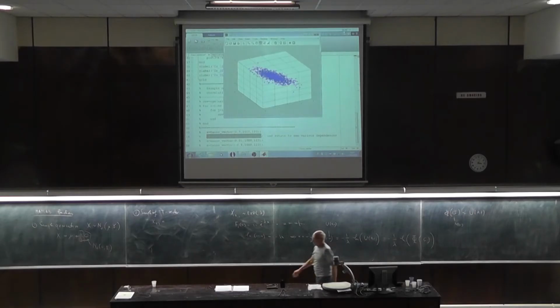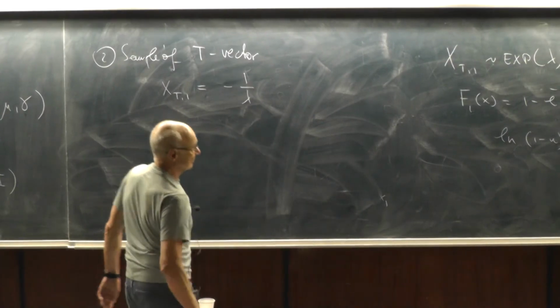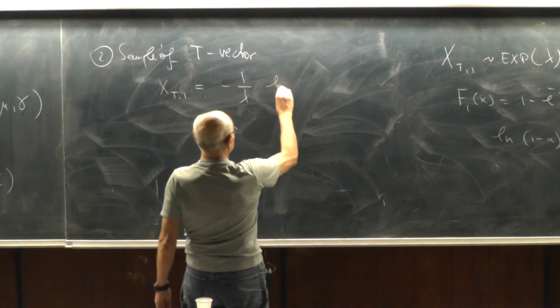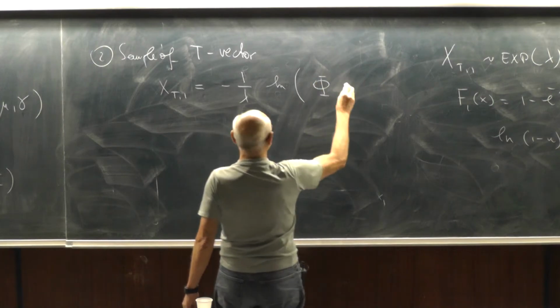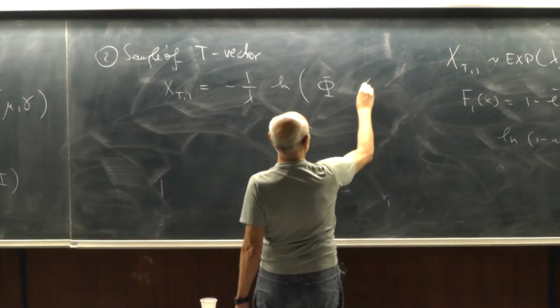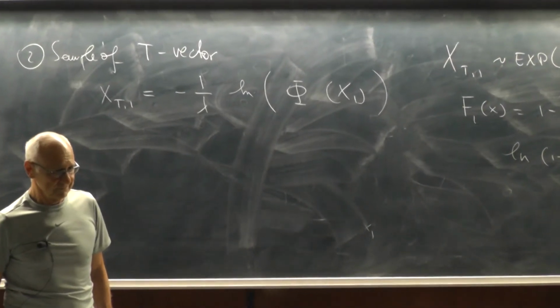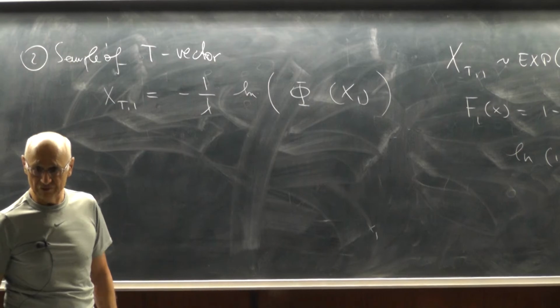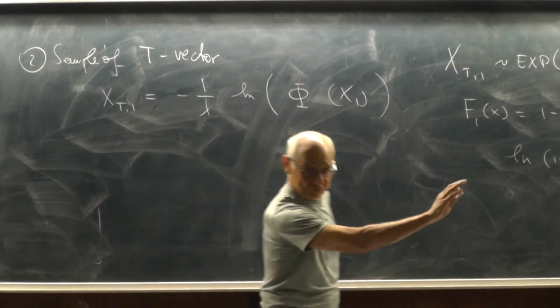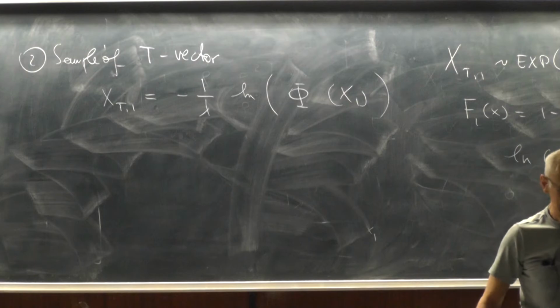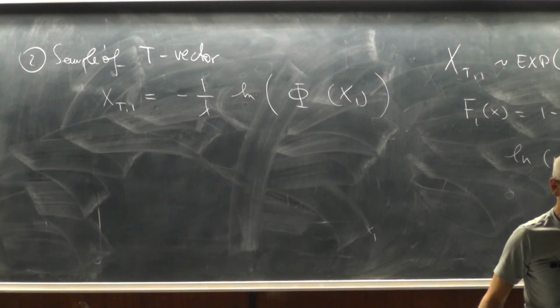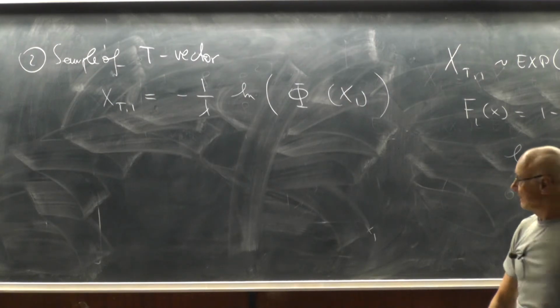So what would be the algorithm then? For x1, we have the magic formula right there: minus 1 over lambda logarithm of phi of our previous x1, which is Gaussian 0, 1. This is the x1 we just produced, which is Gaussian 0, 1.